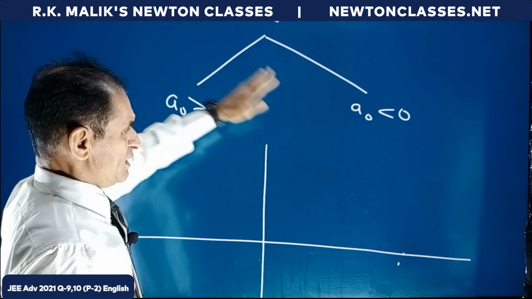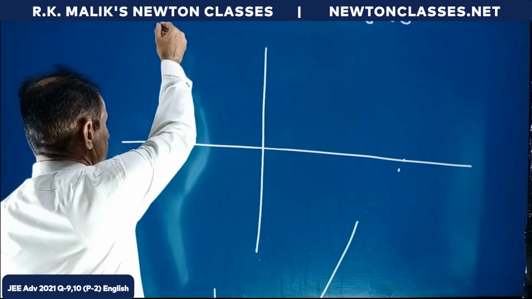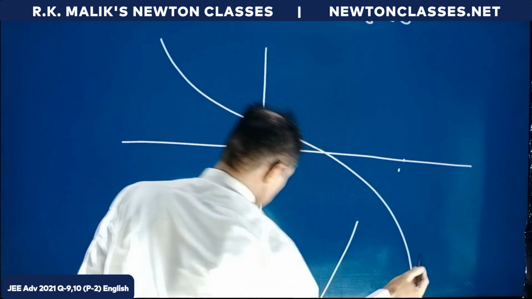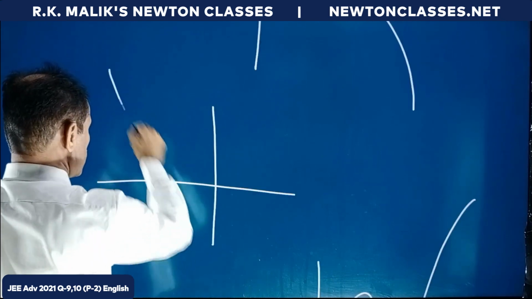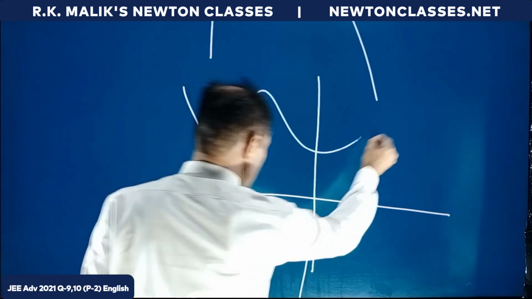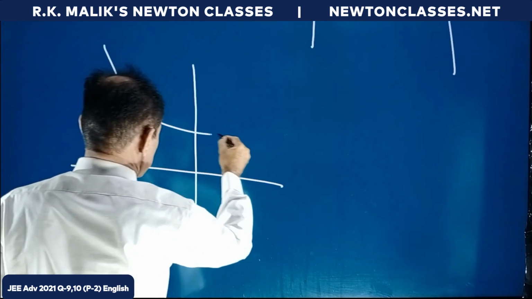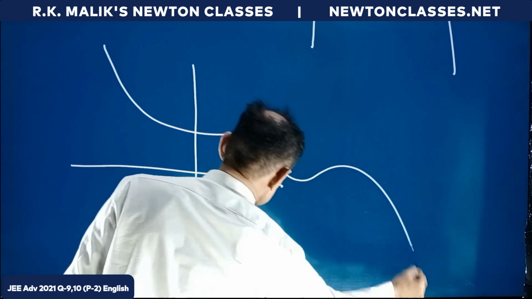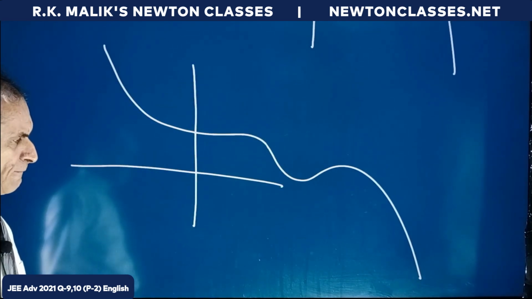If n is odd and a0 is negative, the graph will surely come from up and will go down. Either the graph will be this, or this, or this also. There are so many possible graphs.